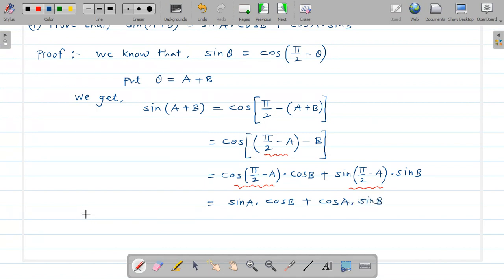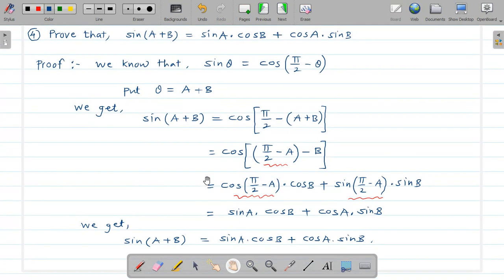If you observe this carefully, we get that sin(A + B) is equal to sin A cos B plus cos A sin B. So we get another compound angle formula. See this carefully. Okay.